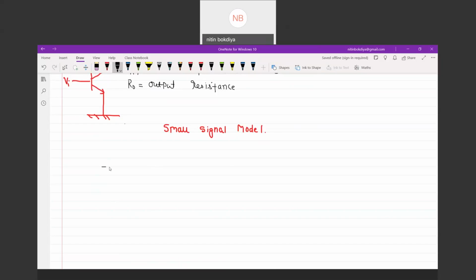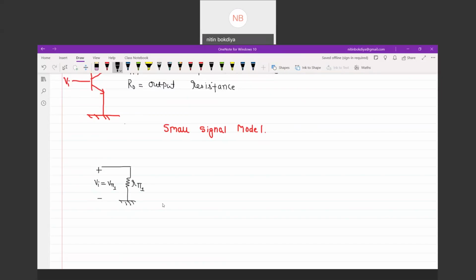First we have Vi, and then R pi 1. Vi is equal to V pi 1.